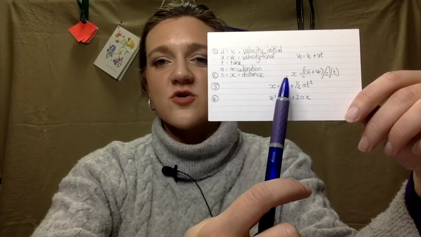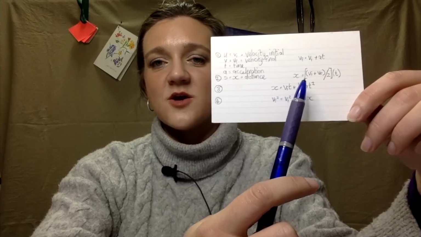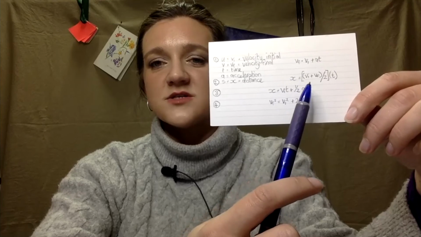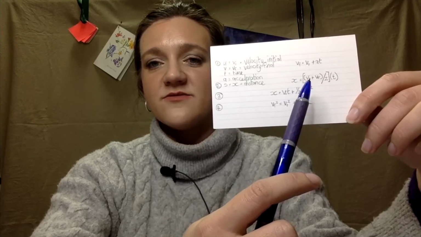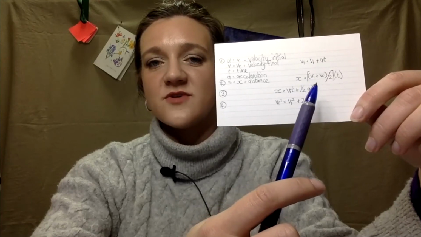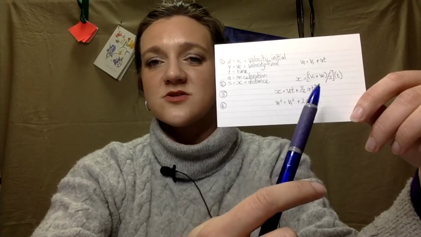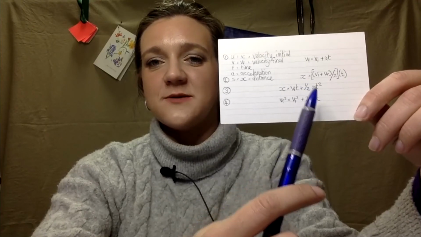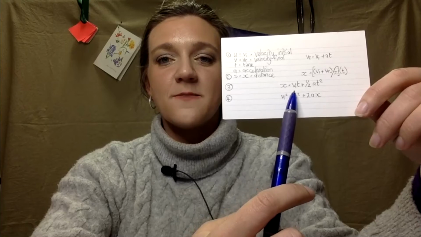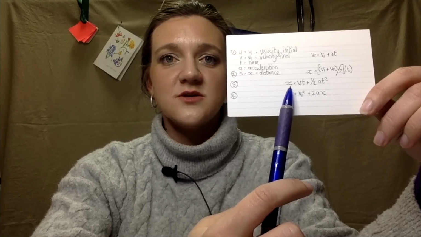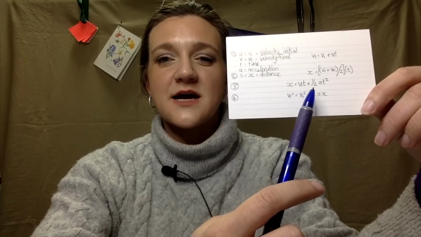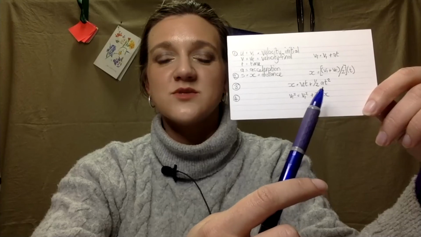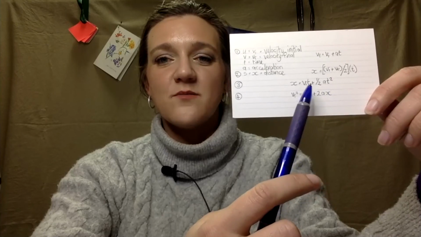If you want to solve for x, distance in this case, you will first take velocity initial plus velocity final divided by 2 to get your average velocity, and then multiply this answer with your time, or t. Then your third equation, which is x or s, distance, equals vi, velocity initial, times your time, plus a half times acceleration times time squared. So all of these will be multiplied together.